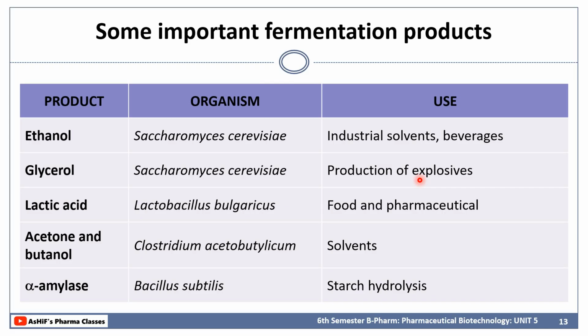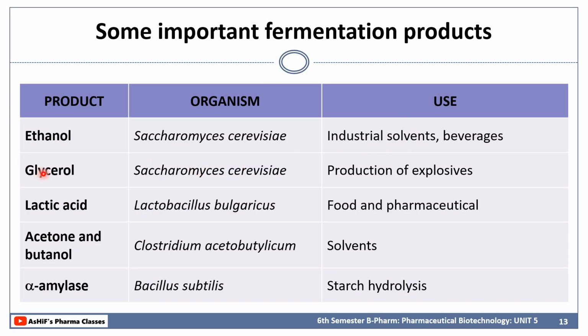For example, ethanol. This is a basic organic solvent which is mainly used for preservatives and production of many medicinal products, etc. It is usually produced by the fermentation process using the microorganism Saccharomyces cerevisiae, and is used in beverages as well as industrial solvents.